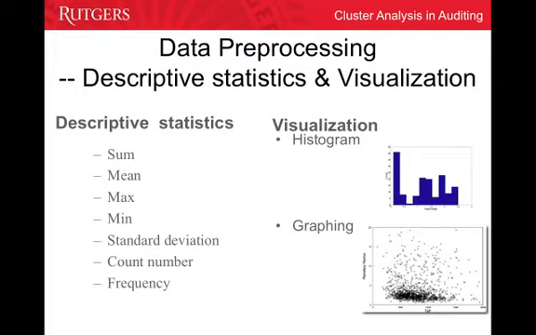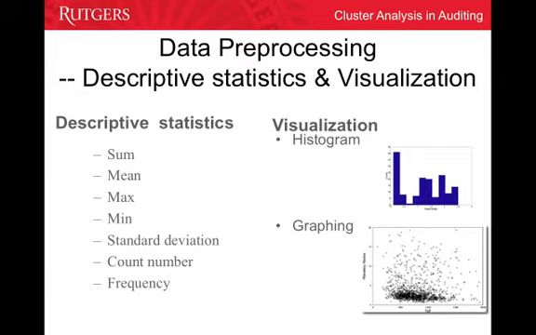The descriptive statistics we usually use include the sum, the mean, the max, and the minimum values of a certain variable, and then the standard deviation, or we count the total number of records of some variable, and then the frequency distribution of the variables.